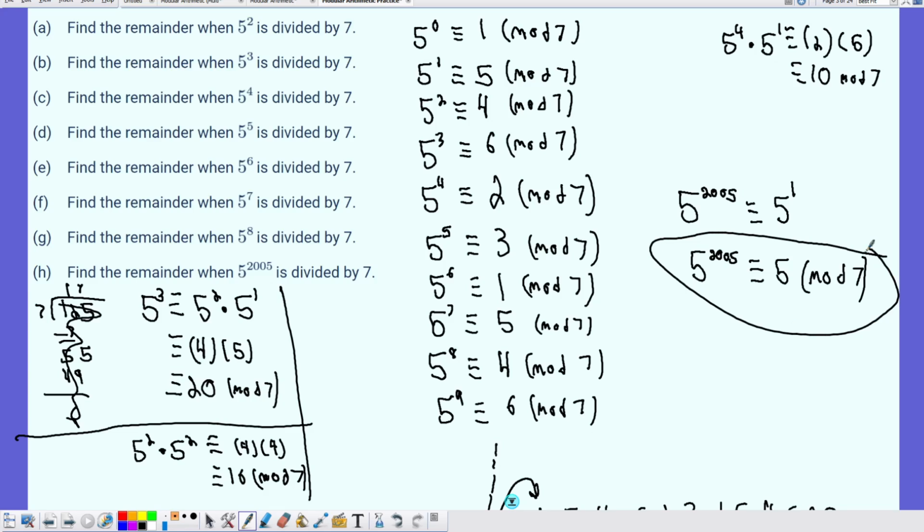So this is informing us that our exponents have a sort of pattern in them on their own. For example, the fifth exponent corresponds to the third term in the sequence. The sixth exponent corresponds with the first term in the sequence.